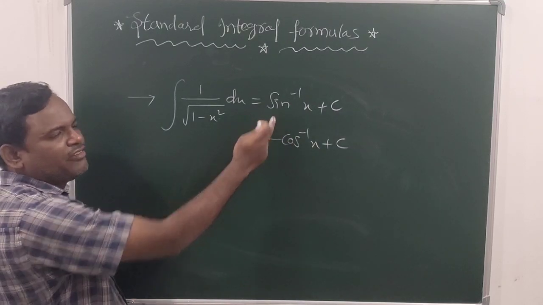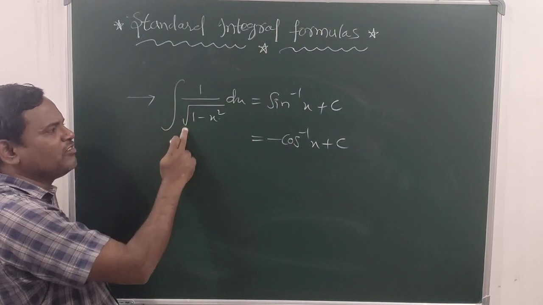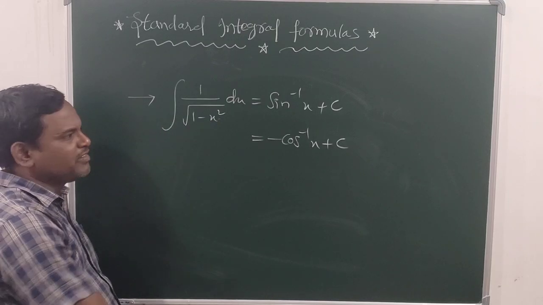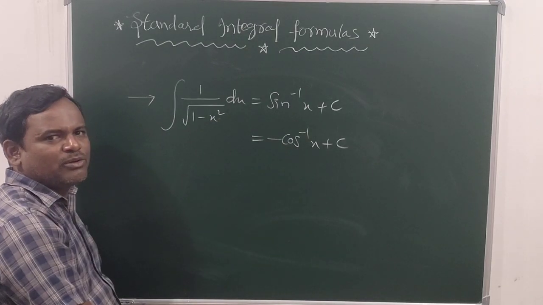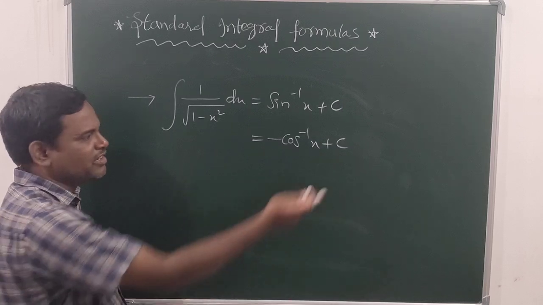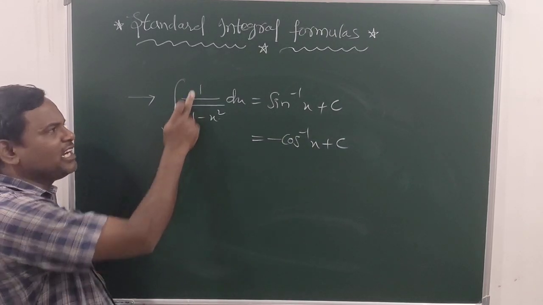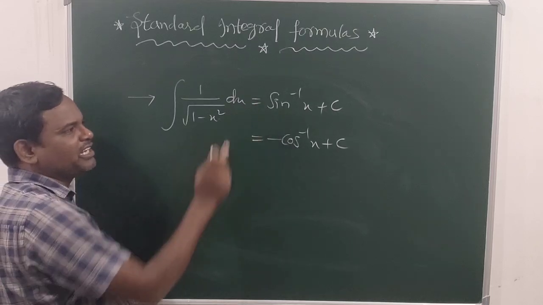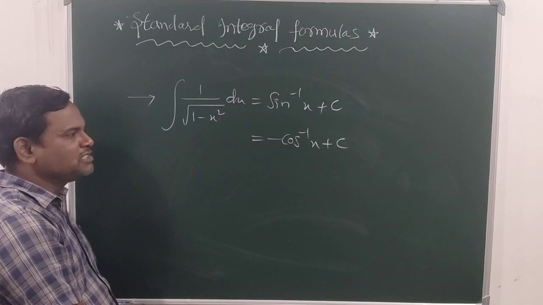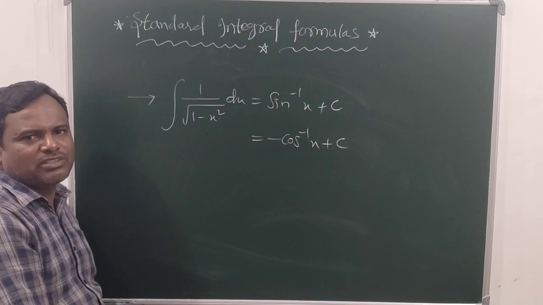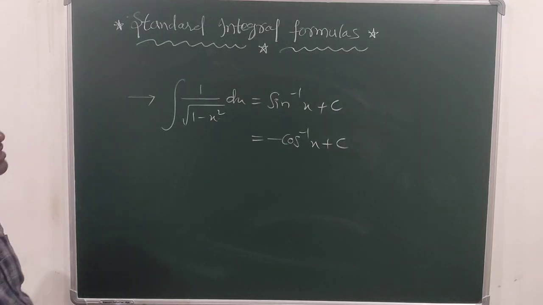Derivative of sin inverse of x is 1 by root 1 minus x square. Cos inverse of x derivative is minus 1 by root 1 minus x square. That minus into this minus will become positive. Hence, integral of 1 by root 1 minus x square can be written as sin inverse of x plus c or minus cos inverse of x plus c.